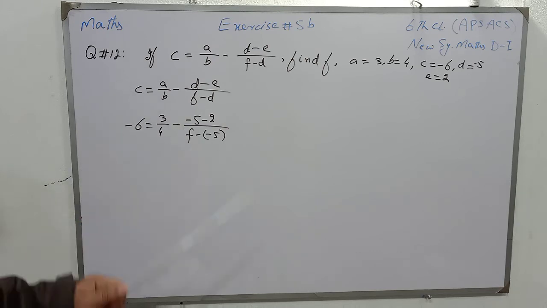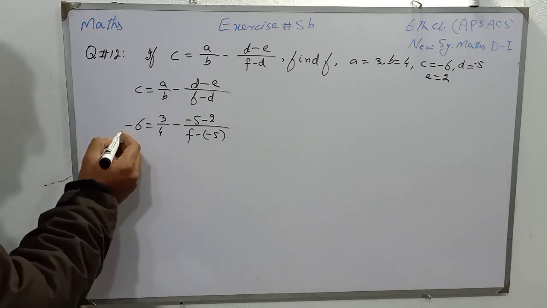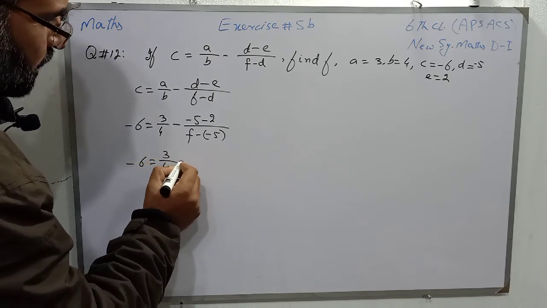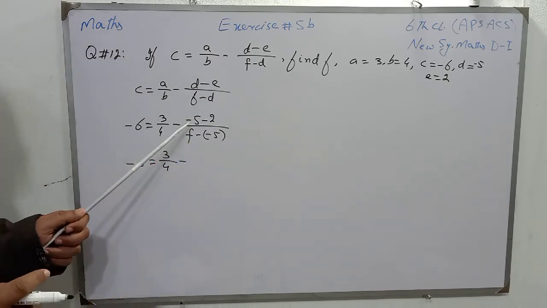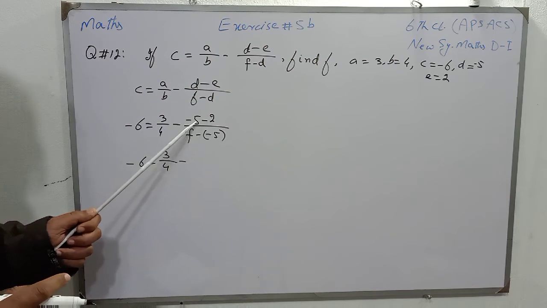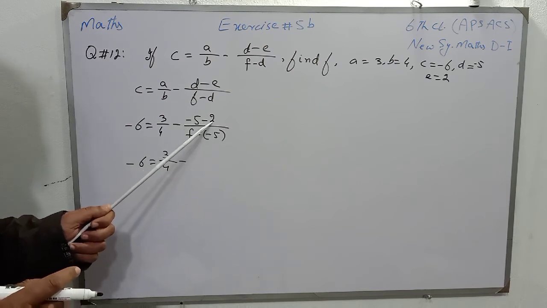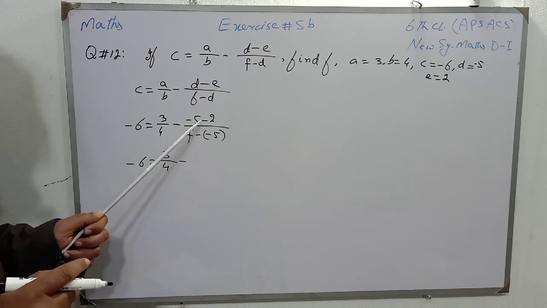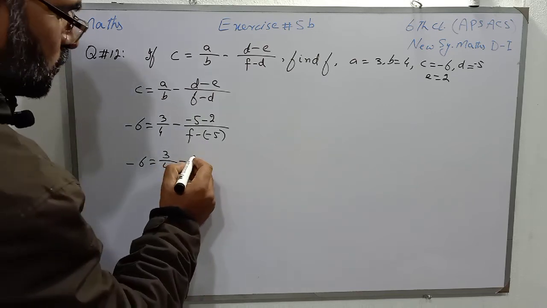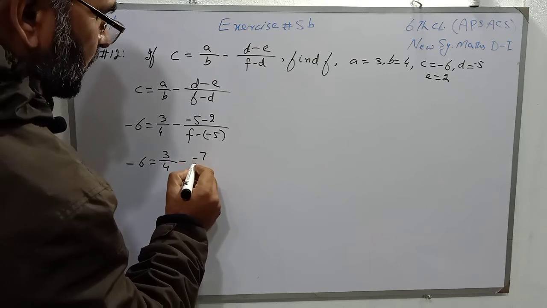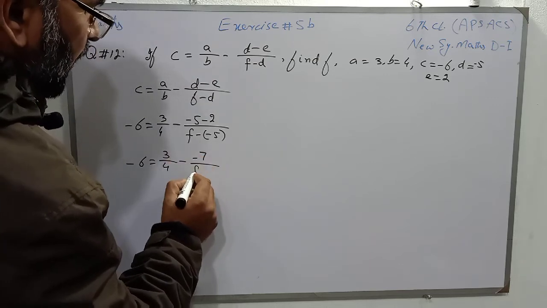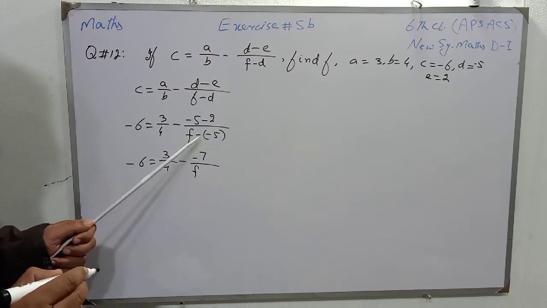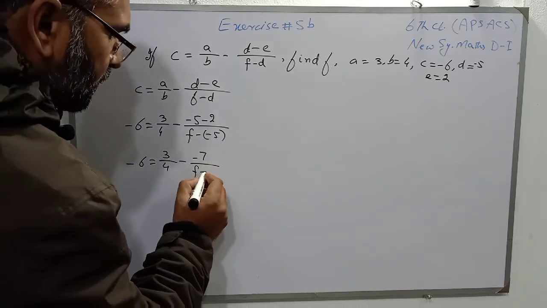Now students, first we will simplify all the numbers. So minus 6 is equal to 3 over 4 minus, in the numerator students both the numbers are minus, minus 5 and minus 2. When there are two numbers having the same sign, we have to sum up both the numbers and put the same sign, so it is written as minus 7 over F. This minus and this minus both are multiplying, so it will become plus 5.